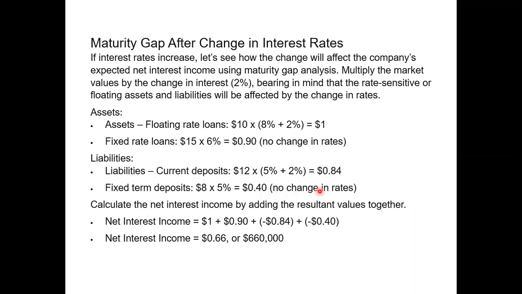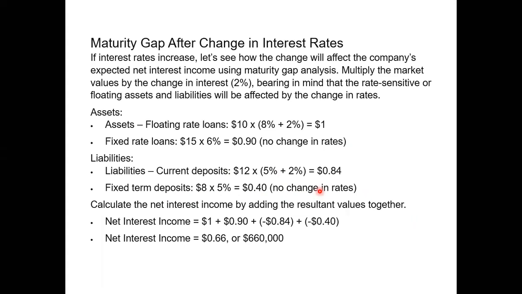So total interest expenses are 0.84 plus 0.4, equal to 1.24 million.